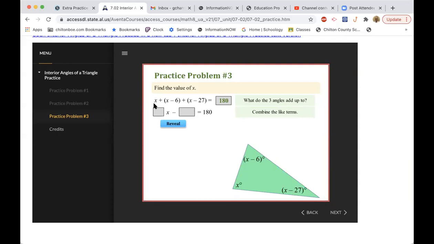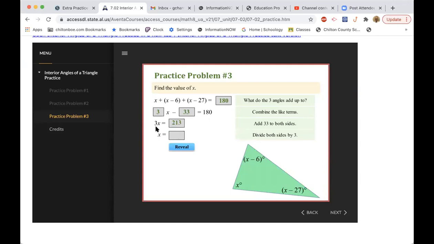You combine like terms. 1x plus 1x plus 1x is 3x right here. And negative 6 plus negative 27 is negative 33 here. 3x minus 33 equals 180. You would add 33 to both sides.